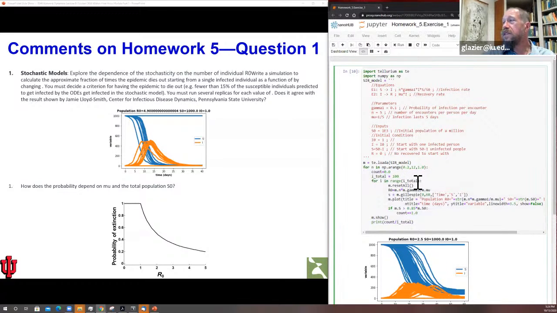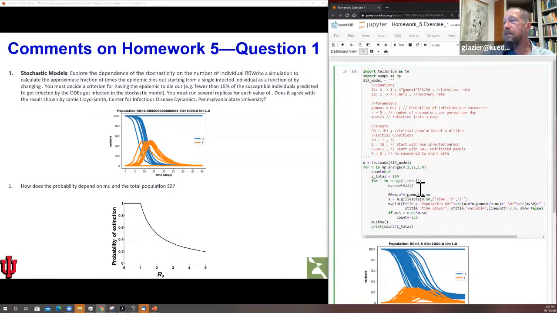And now we're going to have to set, after the reset, we'll have to reset m.n to equal n, because otherwise we haven't changed our value of R. And when we print, let's print here R naught, comma, count I over I total. So now this is going to print out the values that would correspond to this graph.